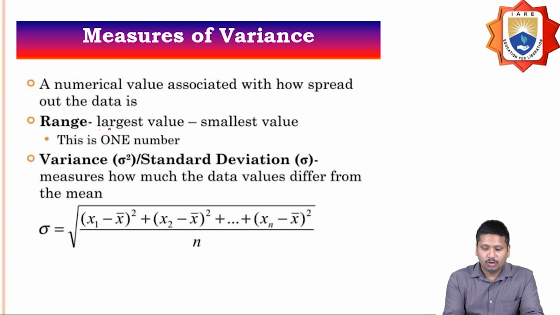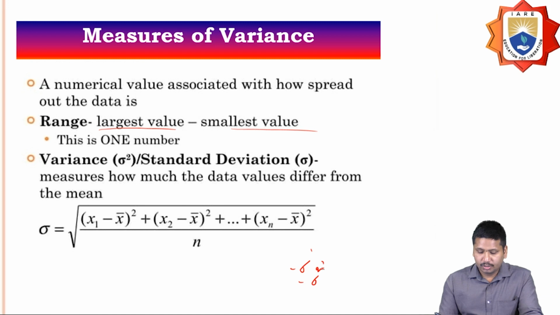Between the largest and smallest value, there should be one number. And then how the variance is calculated, and then the standard deviation. The standard deviation is represented by the symbol sigma, and the variance is represented by sigma square.